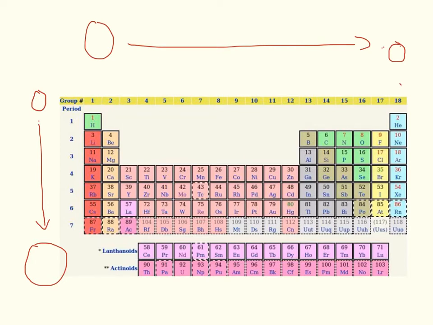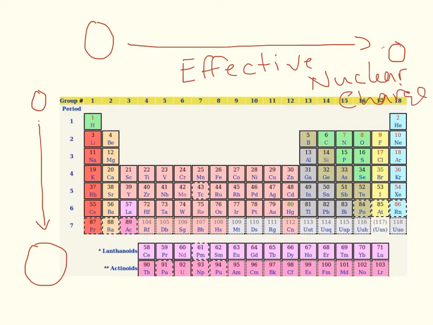So as a result, as I get more protons and more electrons, those protons and electrons are actually closer together because the effective nuclear charge between them is that much stronger. So this is due to, and I'm going to just spell it out here, effective nuclear charge. So that's the charge within the nucleus itself, and it's basically the force of attraction between the nucleus and the electrons.